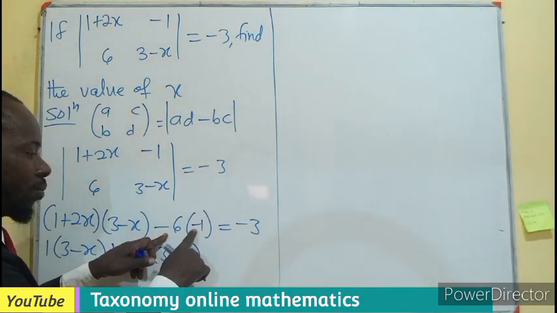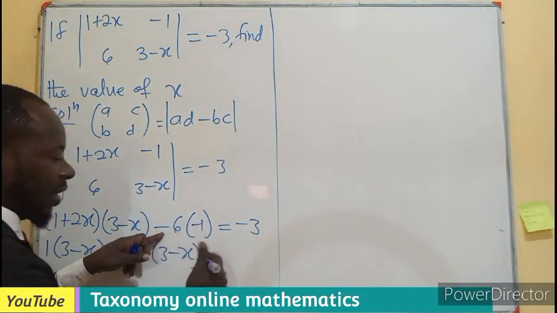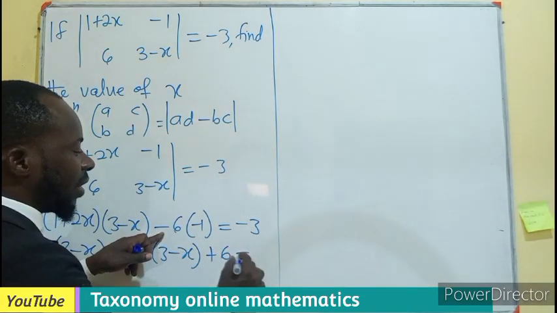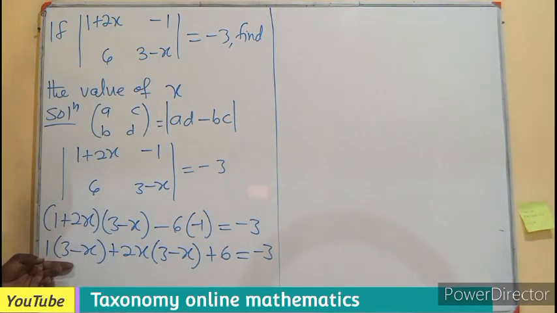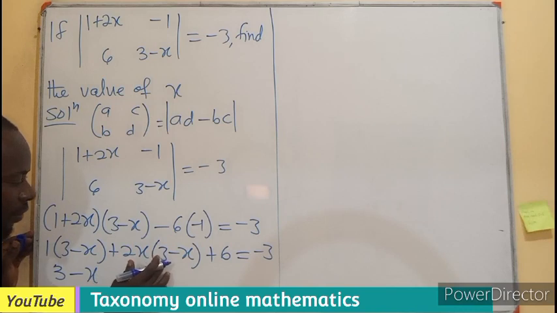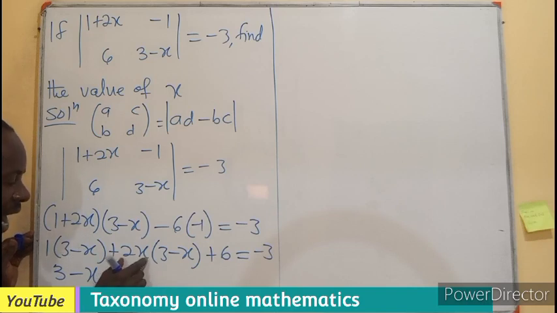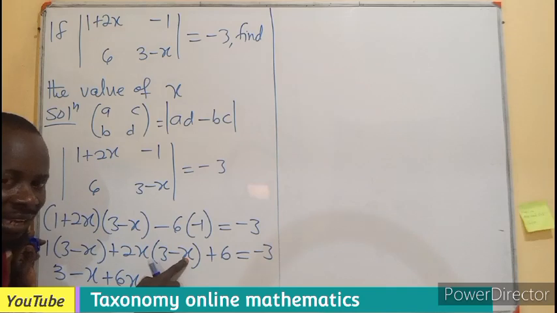Then don't forget this is minus 1 times minus 6, that gives us plus 6 equals minus 3. Now let's expand further. 1 times 3 will be 3. 1 times minus x will be minus x. Then 2 times 3 will be 6, multiplied by x, plus 6x.